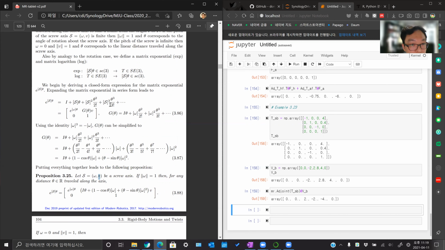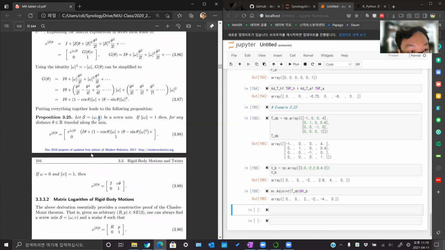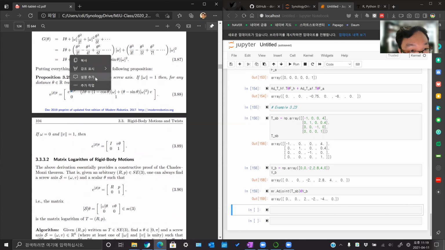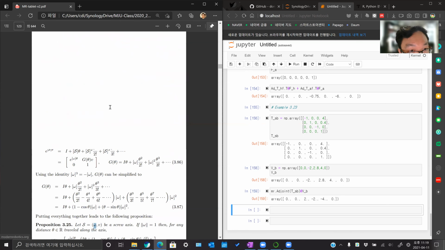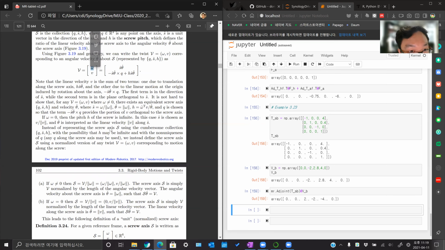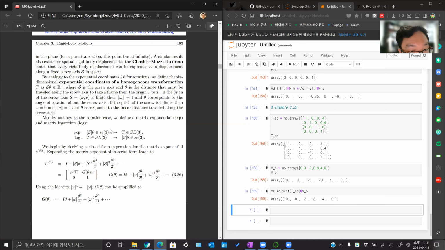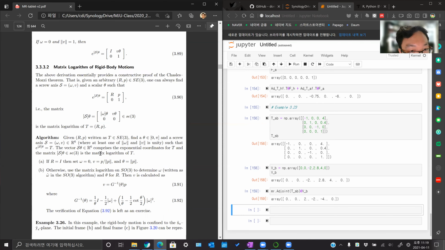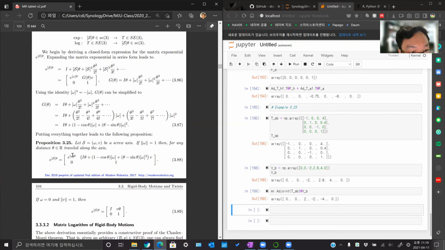And in this example, this omega is this one, not this one. So you should be careful. In here, this is this one, and this V is this one.